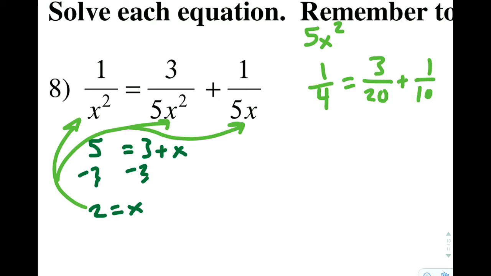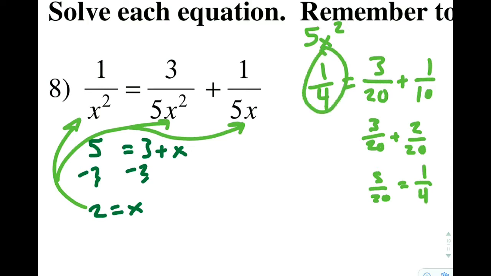If I get myself a common denominator on this side, I'm going to have 3 over 20 plus 2 over 20, multiply top and bottom by 2, I would get 20ths for both of these. That's 5 over 20, and 5 over 20ths is equal to 1/4 if you reduce it, divide top and bottom by 5. And that's what we expected it to equal.